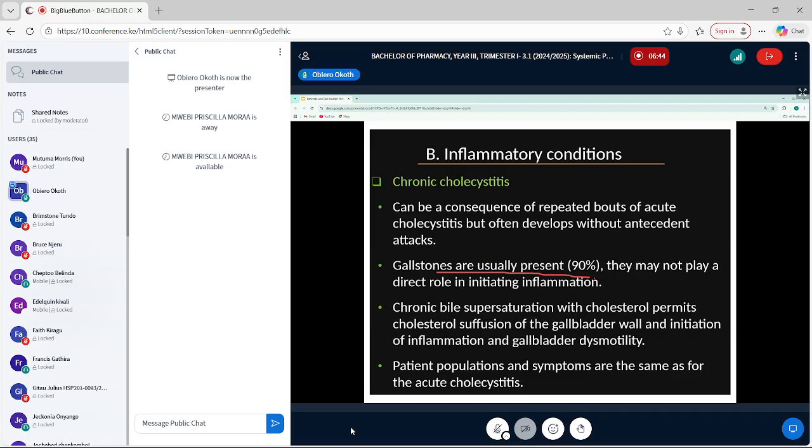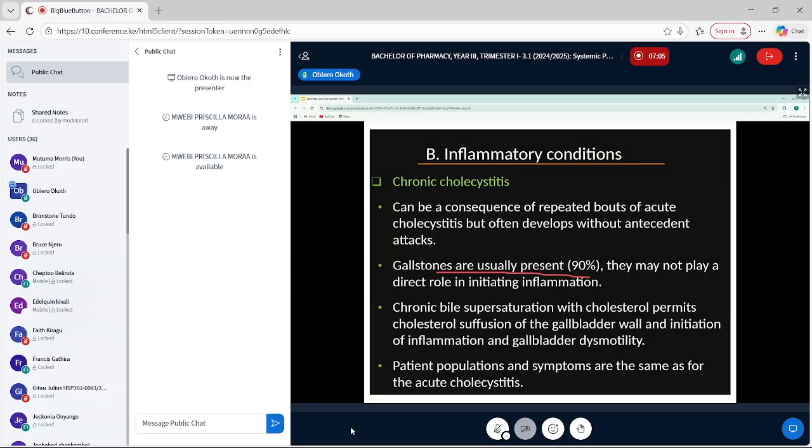What could be the main reason that you get chronic cholecystitis with gallstones is chronic bile supersaturation. Remember, we talked about bile supersaturation as a pathogenetic pathway.